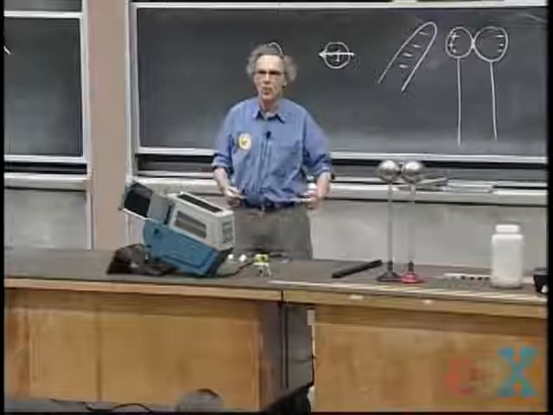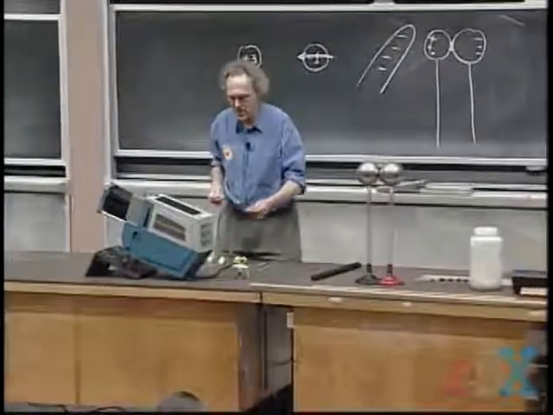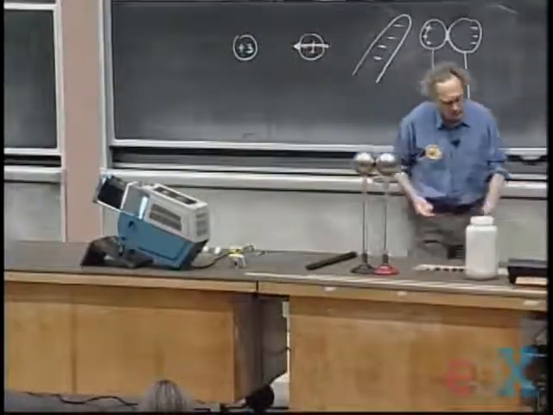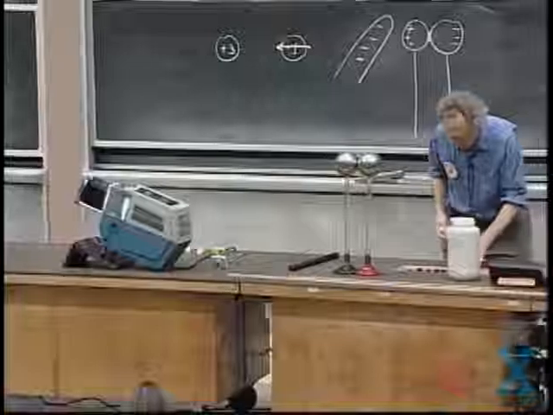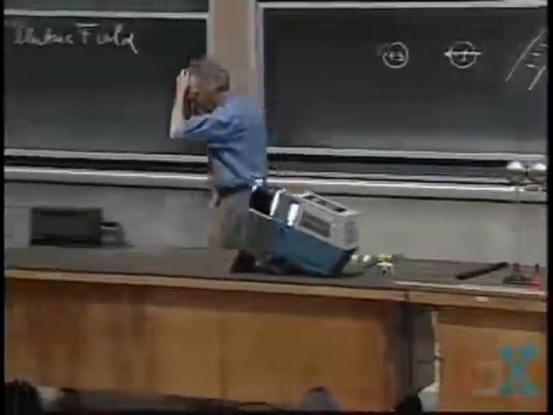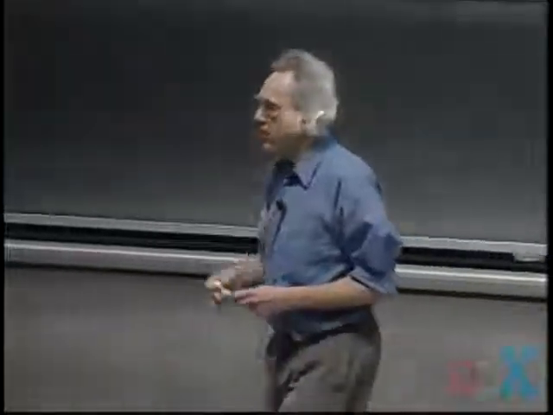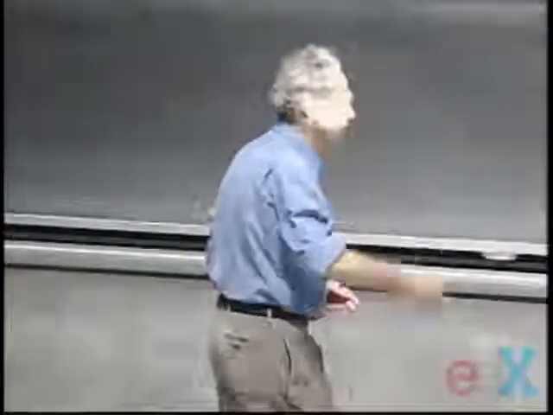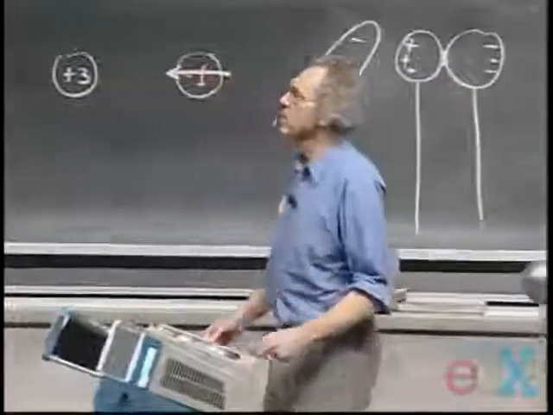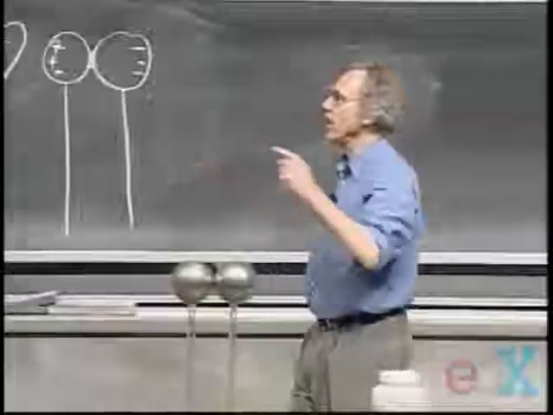I will not show you that the amount of charge is exactly the same on each, which of course it has to be. So let me give you some better light, or we have to get the view graph off, the overhead. You see there for the first time an electroscope. We discussed it last time. It is a piece of aluminum foil, very thin, with a metal rod next to it.